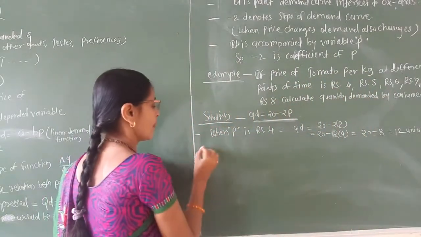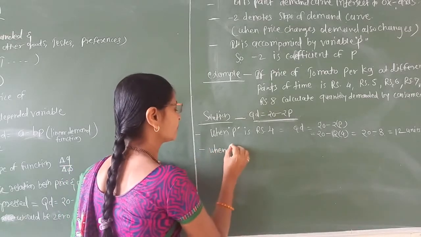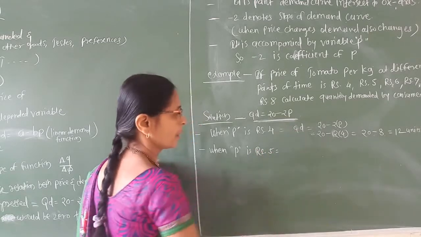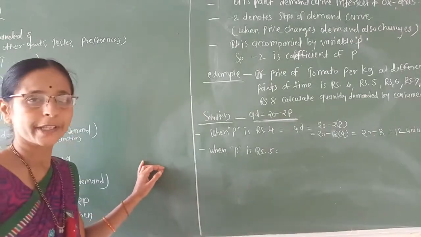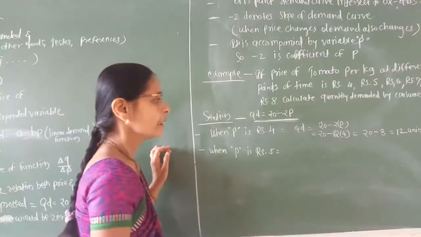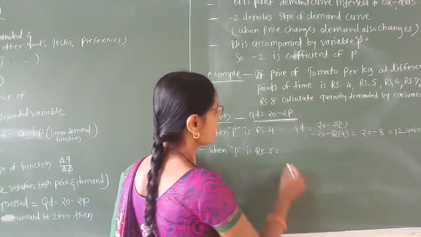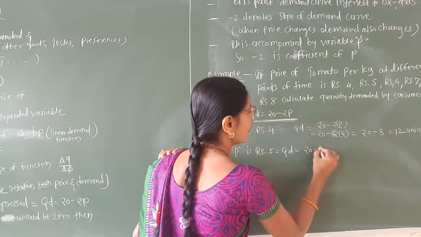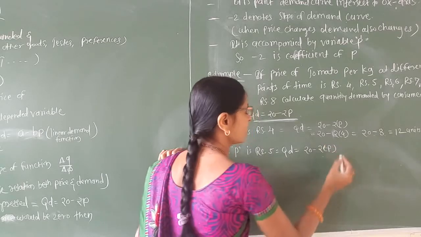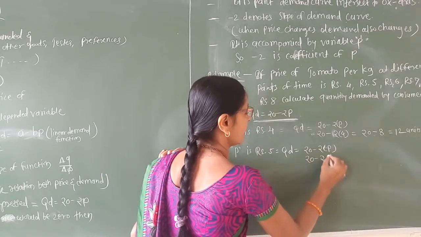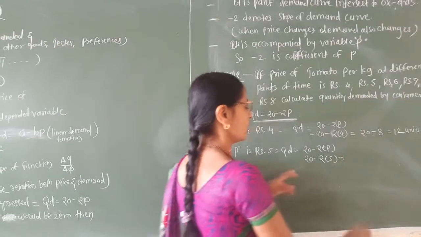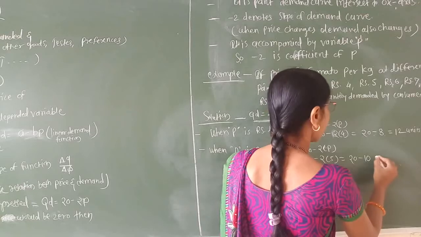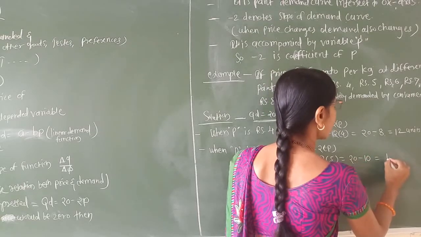Then when the price of the commodity is rupees 5, how much quantity does the consumer demand? 20 minus 2 into 5 is 10, so 20 minus 10 is equal to 10.